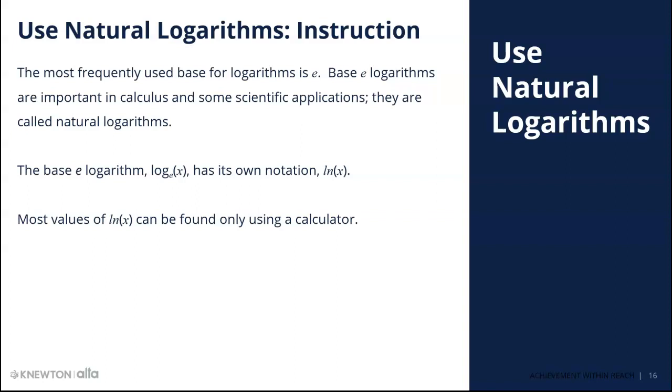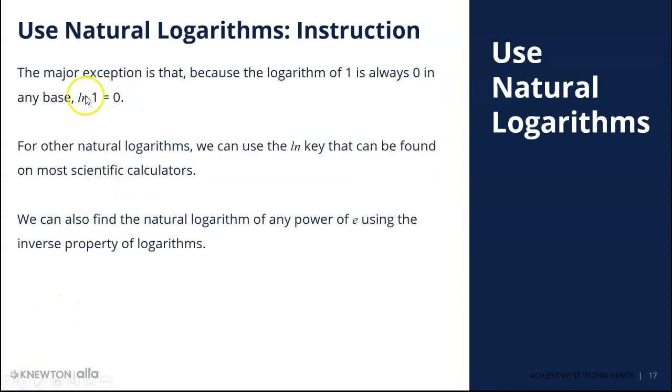Now, since the base for ln is e, therefore most values of ln can be found only by using a calculator. But the exception to that is ln 1. ln 1 is equal to 0 because using the definition of logarithm, when you say ln 1, we know that ln 1 is the same as log of 1 base e.